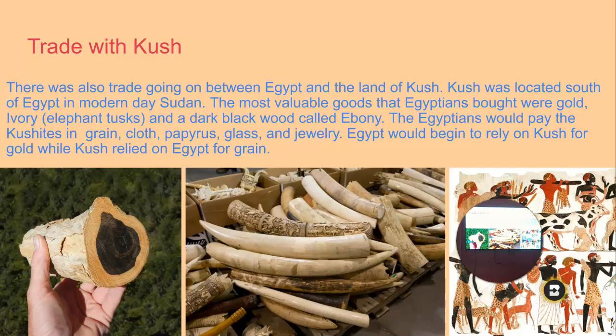Such as? Wood. Cedar wood. Okay. So cedar wood from Mesopotamia. What about from Cush? What kind of wood did they get from Cush? Gold, ivory. So they got dark black wood called ebony. They got gold, and they got ivory. It floats in water. Okay. So these are the imports.